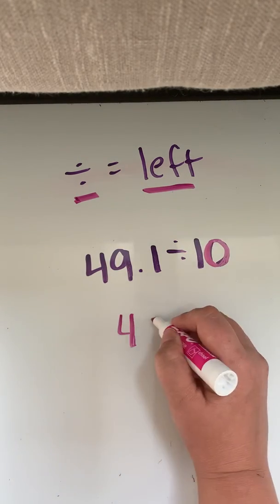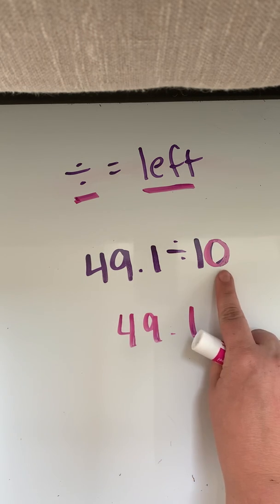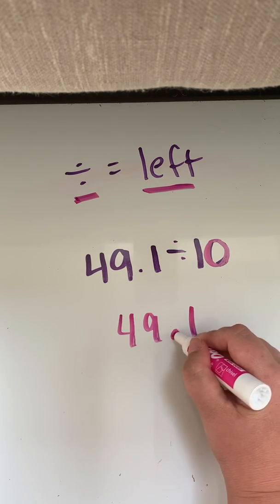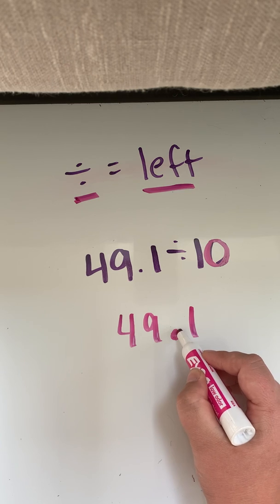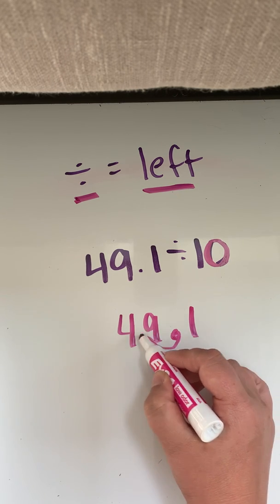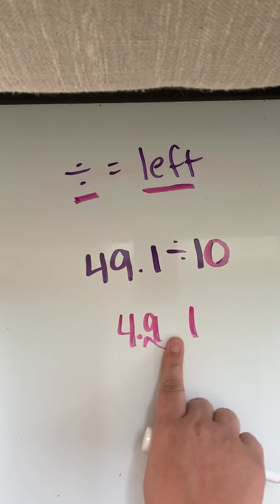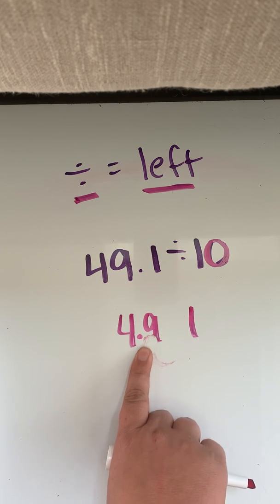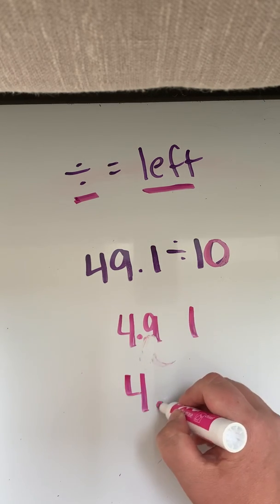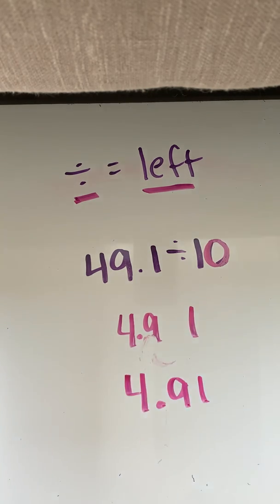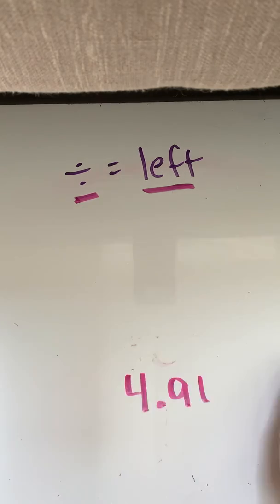So I'm going to rewrite my number here, and I'm going to move my decimal over to the left 1 time. And so now my new number is 4.91, or 4 and 91 hundredths. That's how you could read that. I would like for you to go ahead and try number 3 on your own. Pause the video.